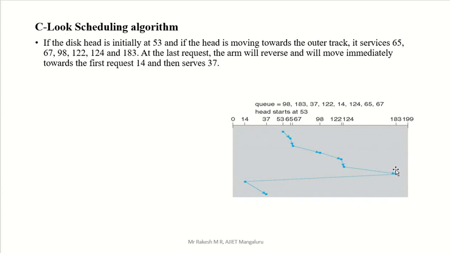The last point is 183, stop there, reverse your arm, and come directly to the first one, which is 14, and then go to 37. But in the previous C-SCAN algorithm we go to 199, then again come to 0, then 14, then 37. Here we have to stop at the last request, and at the first request, there itself we have to stop.